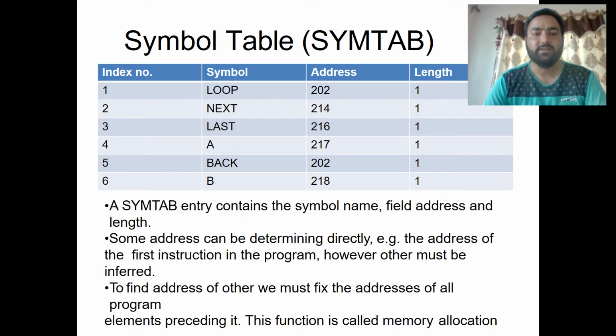That means if we want to identify the address directly, the first instruction is to be stored in the table, and then we can provide references from that address for the other subsequent instructions that are stored in the symbol table or the symbols.